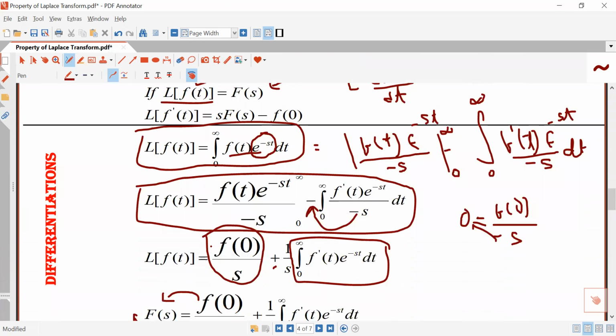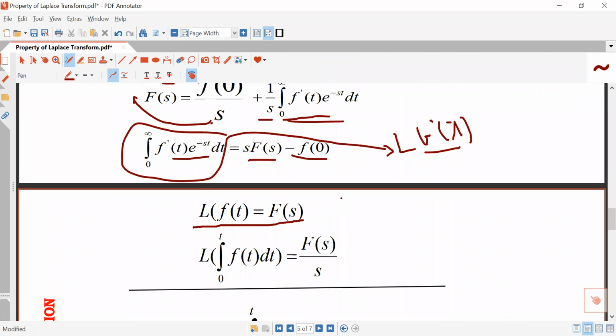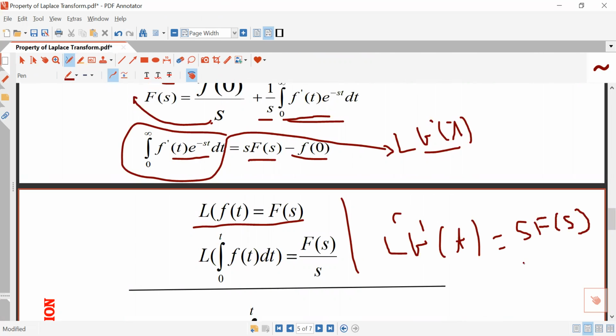Now its fourth property is integration. But you must remember the Laplace transform of f dash t will be sF(s) minus f(0), because I am going to use this concept for deriving this property.